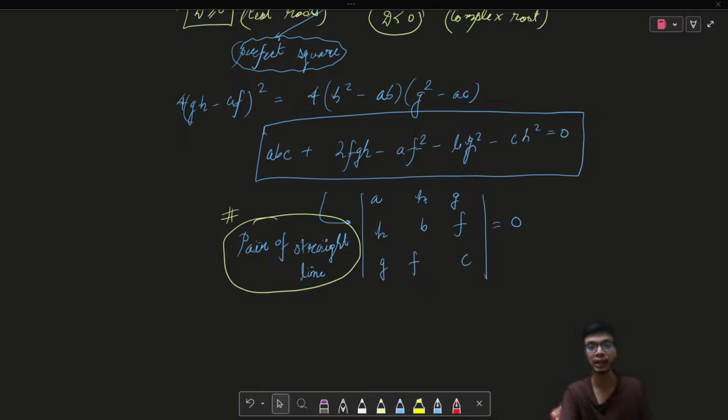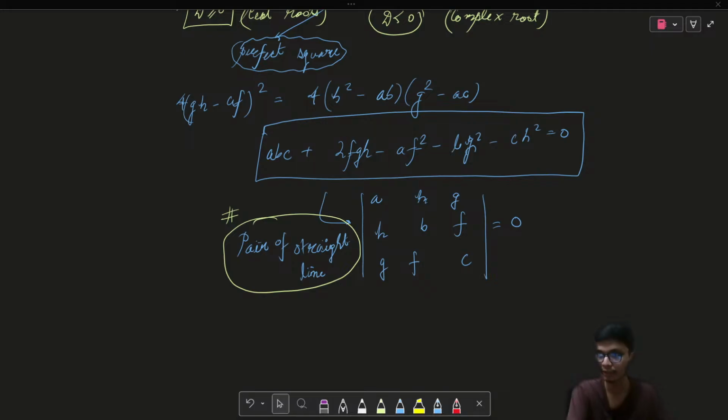And from there we have seen how to find out the angle between the pair of straight lines, and also how to find out the equation of the pair of angle bisectors of this pair of straight lines. So without even solving for the two separate linear equations of lines, we can still generate the equation or the angle between the two lines from the second degree equation, right? So I hope this particular discussion is clear to all of you.